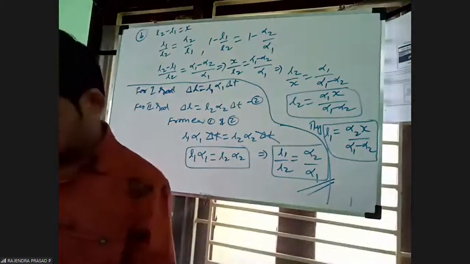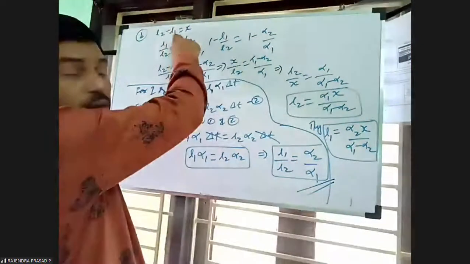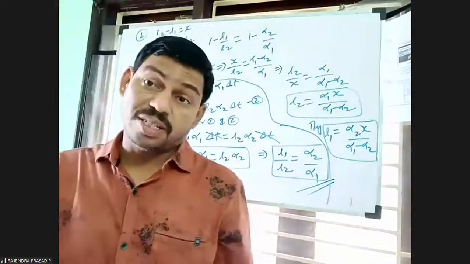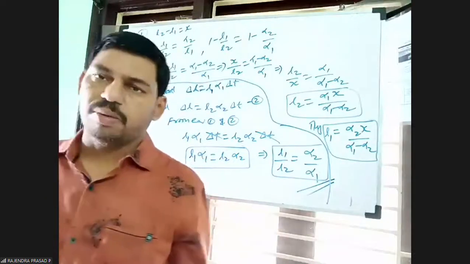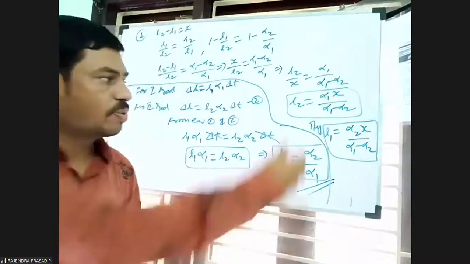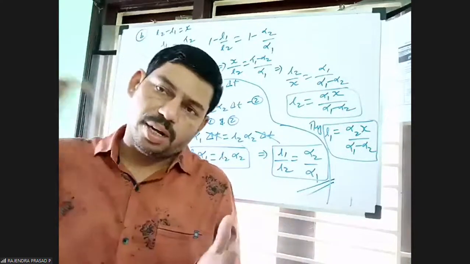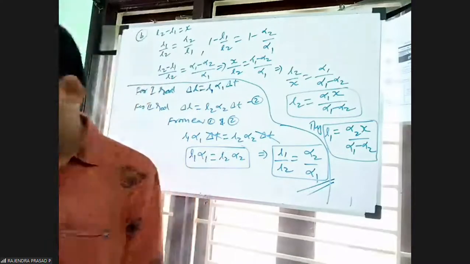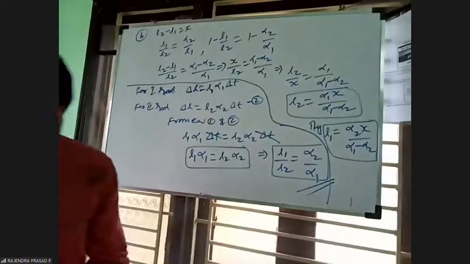X is the difference of length, L2 minus L1 equal to X, which is given, some value like 5 centimeters or 3 centimeters. So individual lengths are calculated using these formulas. Alpha 1 given, alpha 2 given, X also given. Maybe refer to one example problem also, or the PDF of problems.